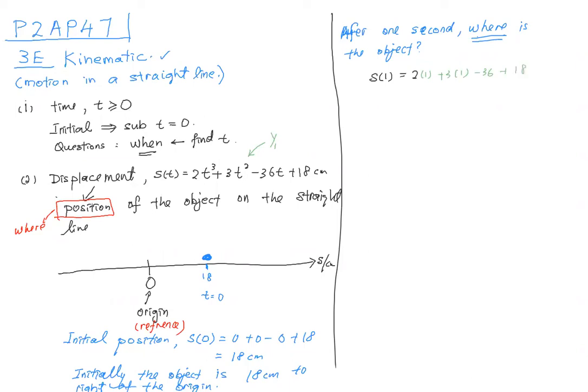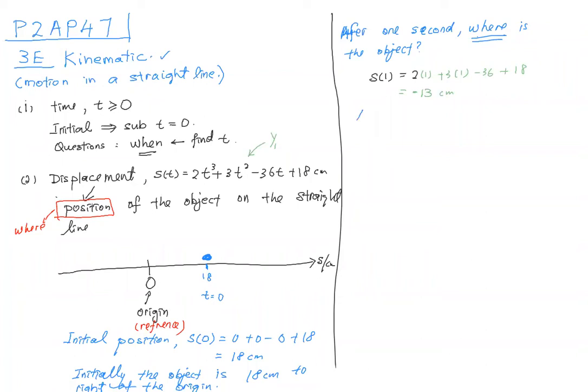If you use your graphic calculator, you can straight away get the answer. Can someone give me the answer? Negative 13. Negative 13 cm. So where is the particle?